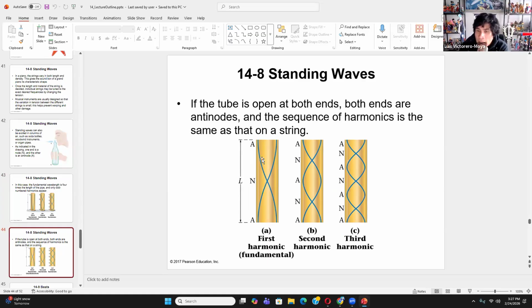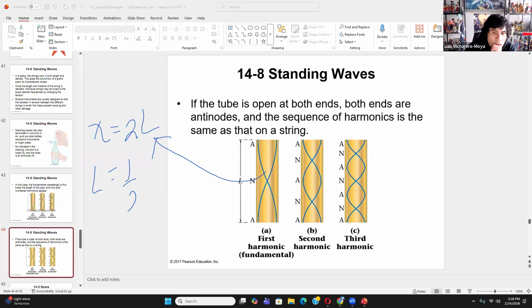So the length here, right? For this one, your lambda is equal to 2L, because the length is half a wavelength, if you think about it here. Here you have a full wavelength.